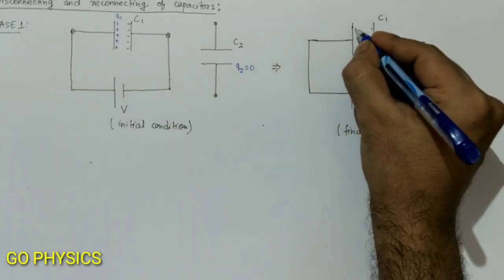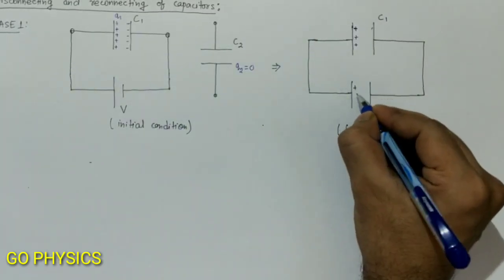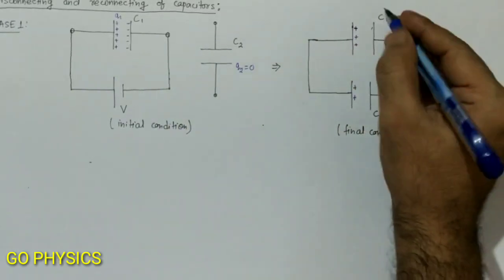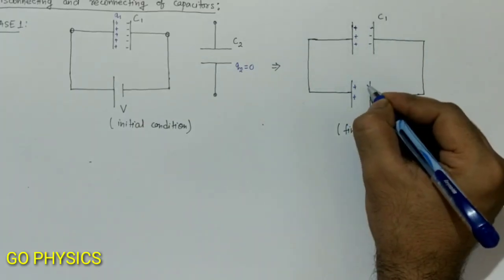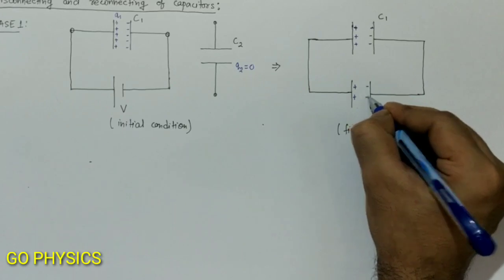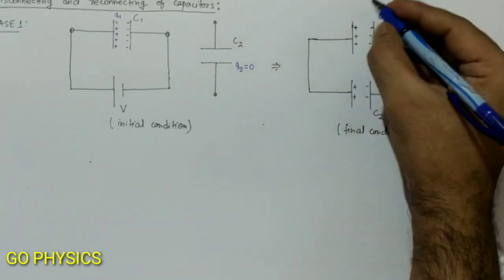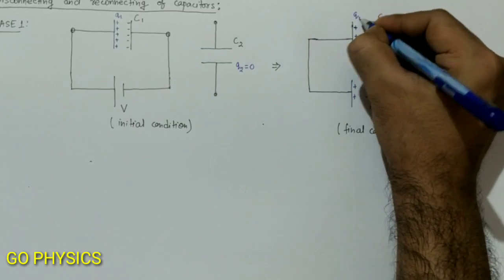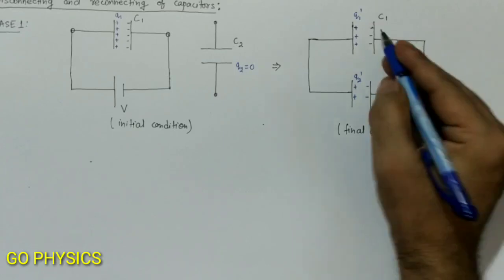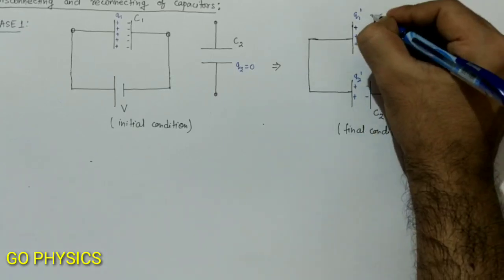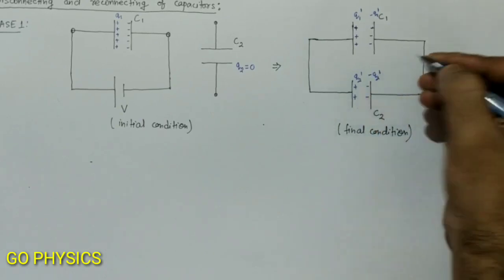So let us assume 3 positive charges are left here and 2 positive charges reach this plate, and similarly 3 negative charges are here and 2 negative charges reach this plate. Let us assume this is Q1 dash and this is Q2 dash, and similarly this will be minus Q1 dash and this will be minus Q2 dash.